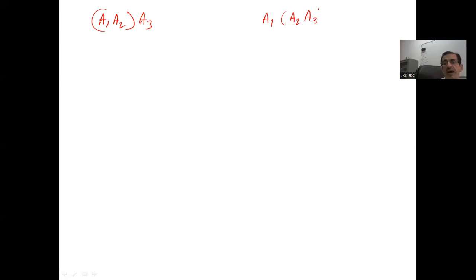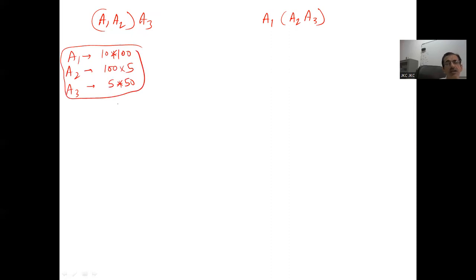Assume A1 is of order 10 into 100, A2 is 100 into 5, and A3 is 5 into 50. If A1, A2 are multiplied first, the number of steps is 10 into 100 into 5.